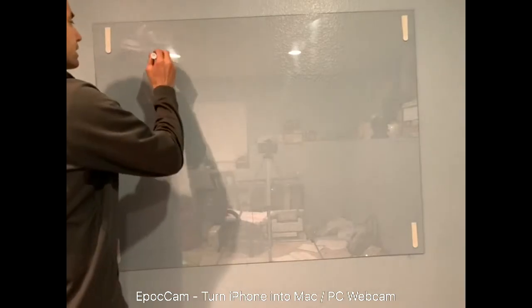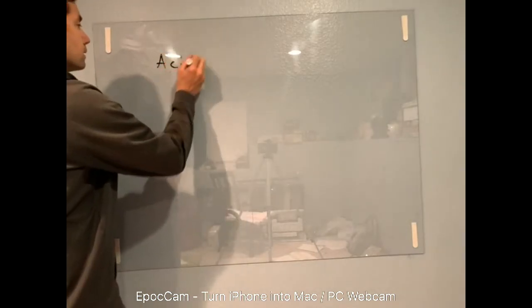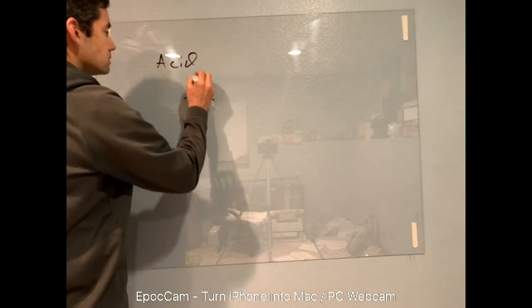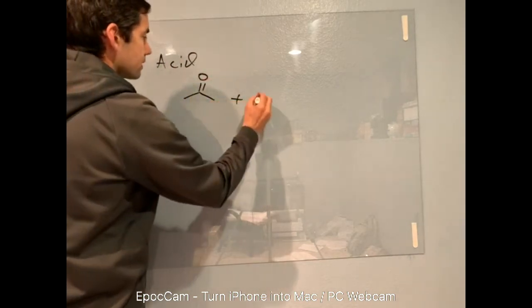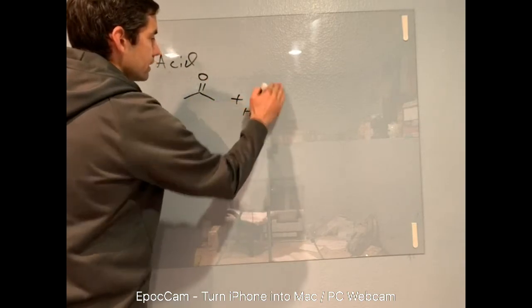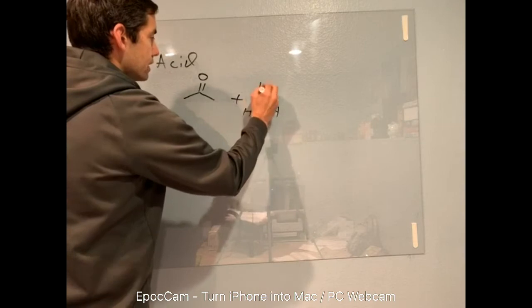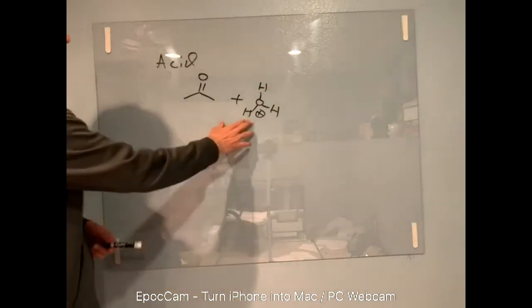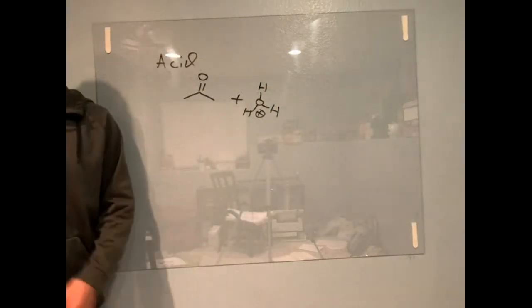So let's look at the acid catalyzed. With our acid catalyzed version, we're going to add in our acid, and guess what? We're using an old friend, our hydronium ion, H3O plus. We're going to use this to protonate something.